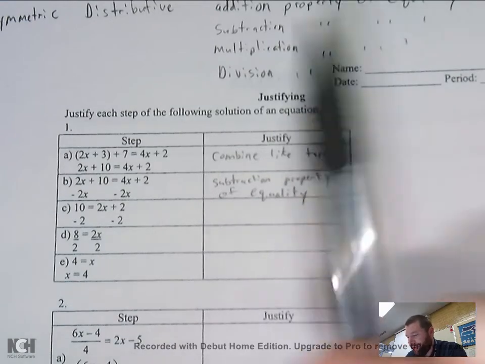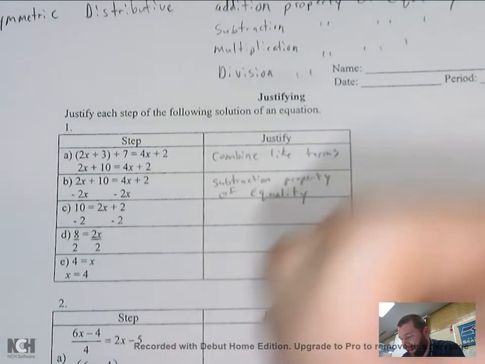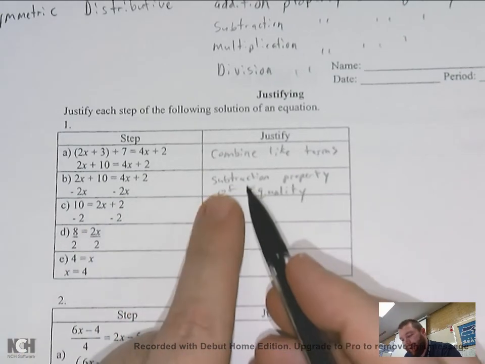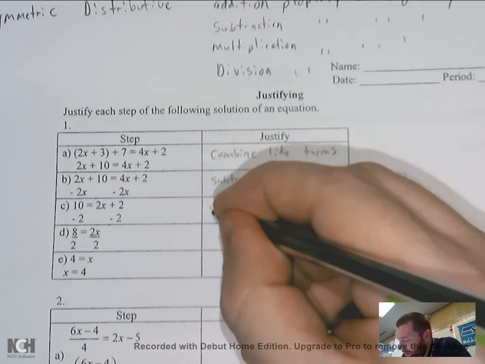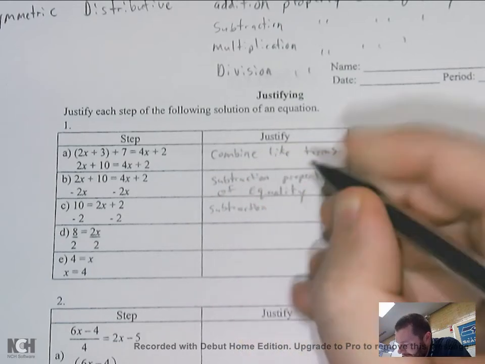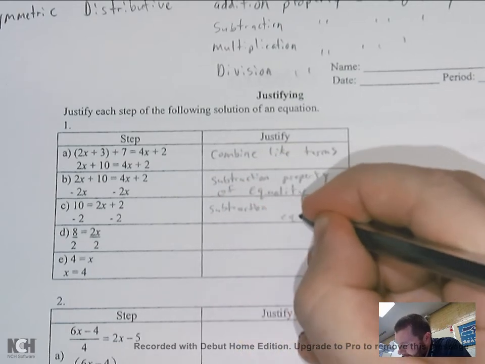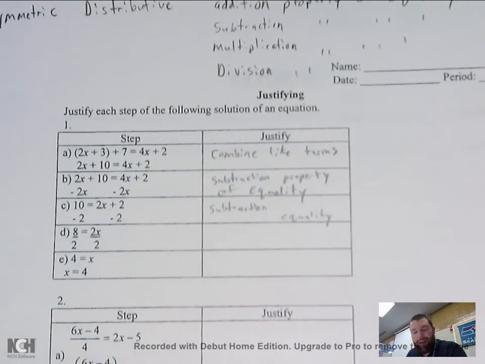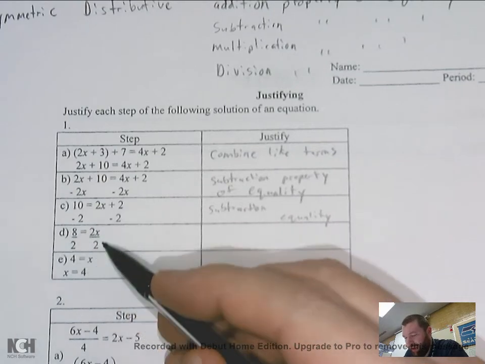Okay, let's look at another one. So this one, they are subtracting 2 from each side of the equal sign, which again is the subtraction property of equality. So subtraction equality. Now the next one, they're dividing 2 from each side.